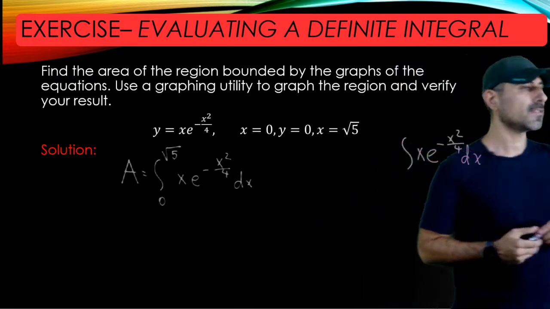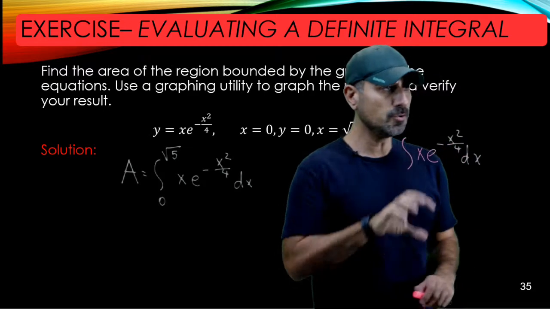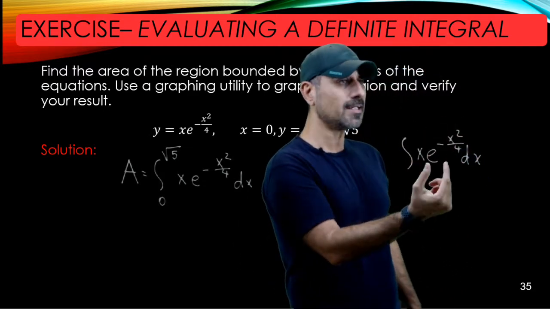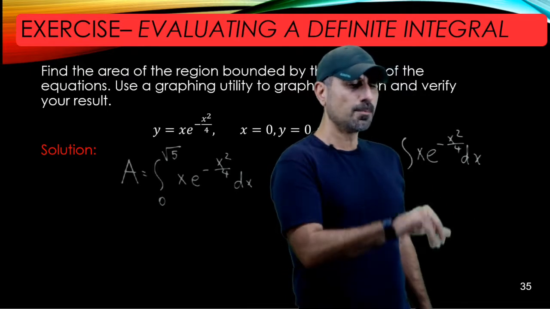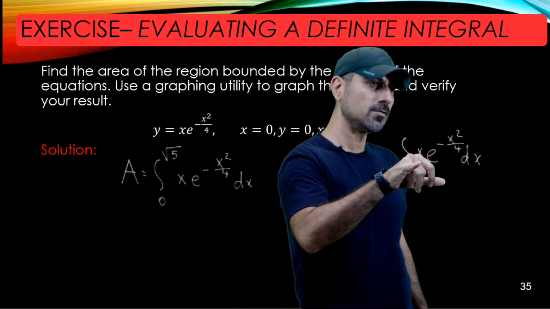If you did not have x here and had only e to the minus x, that would be easy to integrate. But here, the exponent has something to do with this x.